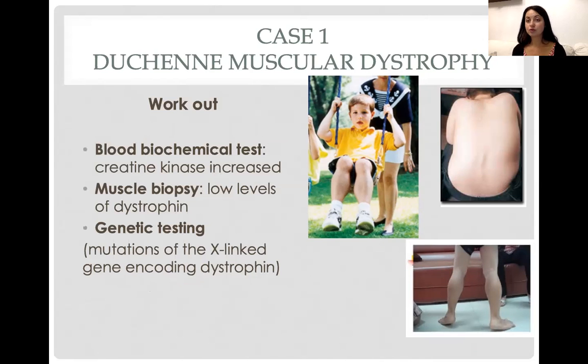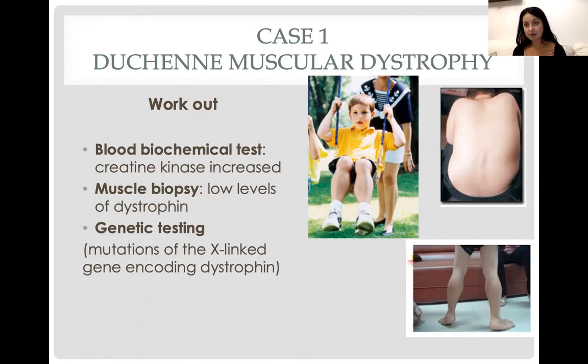What to prescribe to prove your guess about Duchenne muscular dystrophy? A blood biochemical test, a lab additive method, to find an increase of creatine kinase, because skeletal muscles are affected. You will perform a muscular biopsy to prove your guess by finding a low level of the specific protein, dystrophin.